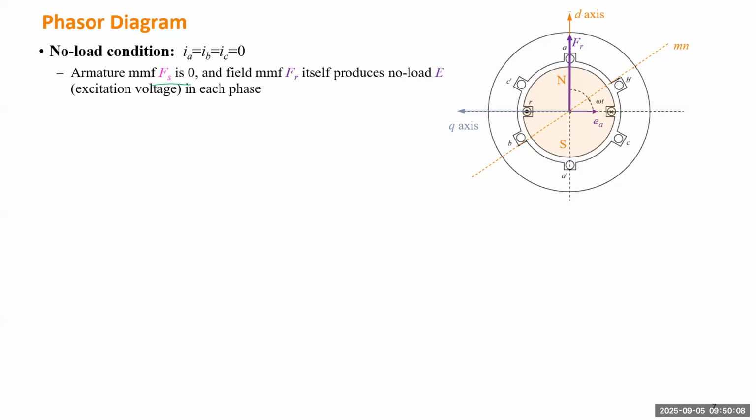So that's easy. FS will be zero. There's no current. And so the rotor winding magnetomotive force is still equal to N multiplied by the field current. So by itself it produces the no load voltage. If we draw this FR, same as the D axis, this voltage EA will be induced by FR, so it will be 90 degrees lagging FR.